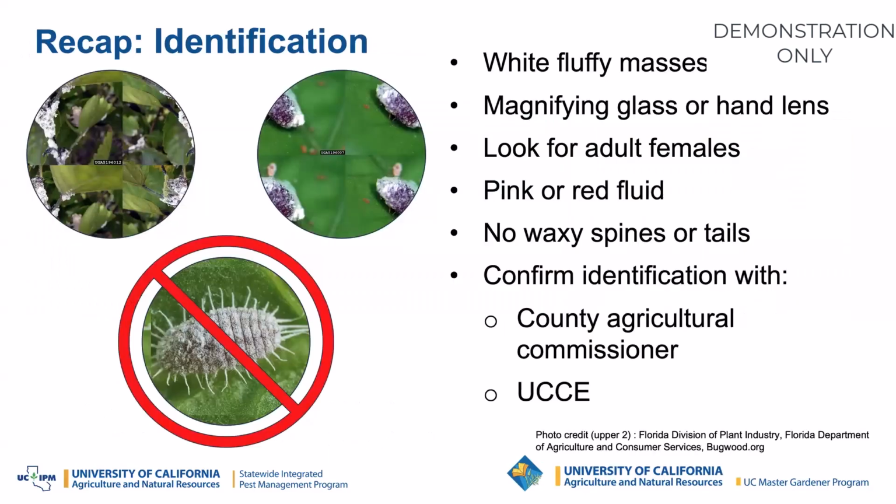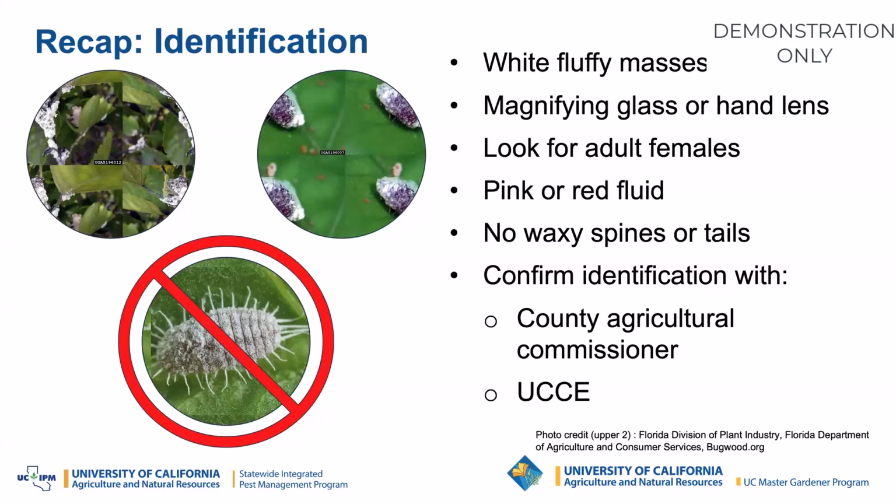Let's recap with the most important things to remember about identifying pink hibiscus mealybugs. Look for white, fluffy masses on plants, especially under leaves and in sheltered areas. Use a magnifying glass or hand lens to look for identification characteristics. Out of all the life stages, adult females are the largest and easiest to observe.